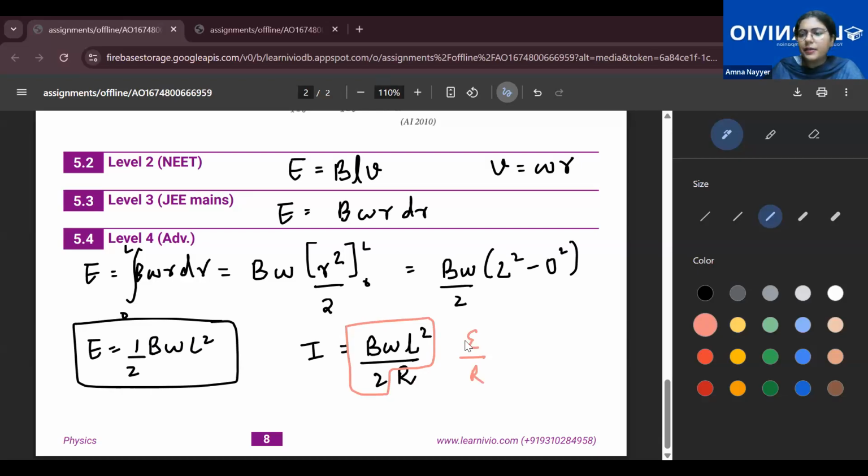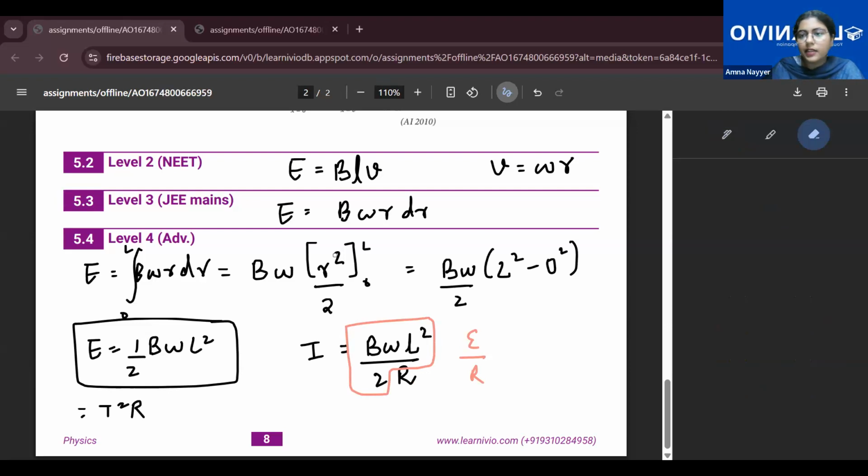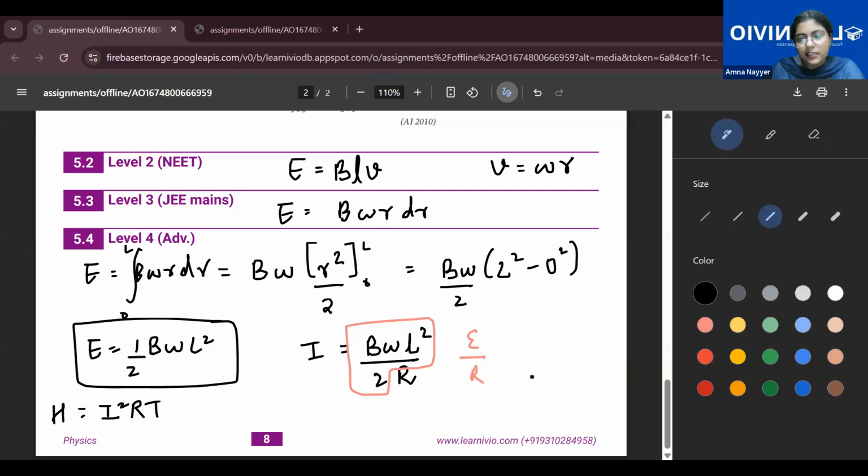And it said heat dissipation also. Power we already discussed, the formula is I square R. No, it said heat, sorry, not the power. It said heat dissipation. So heat will be I square RT. So I square means squaring this term.